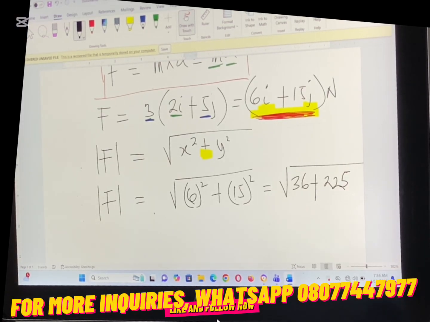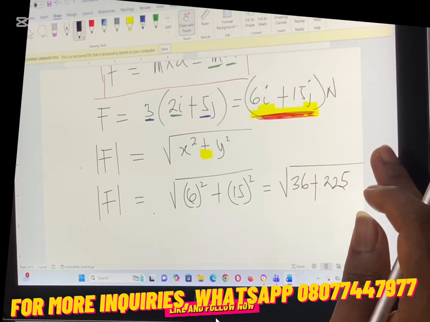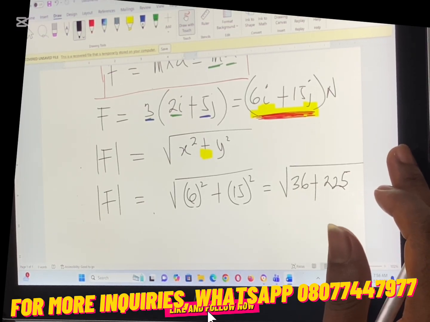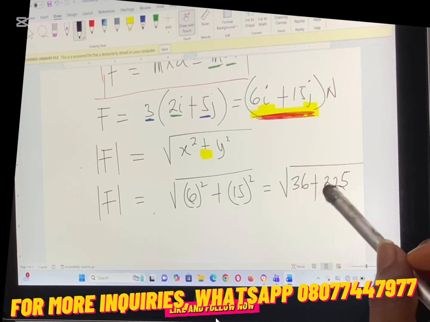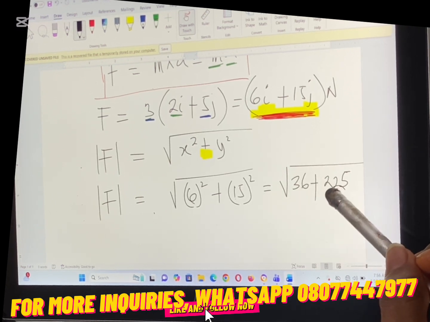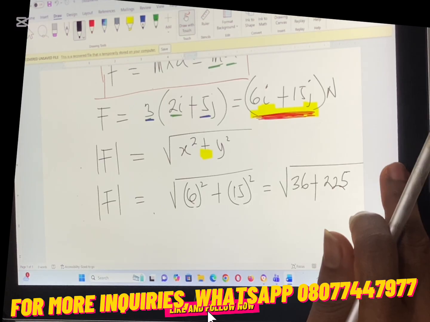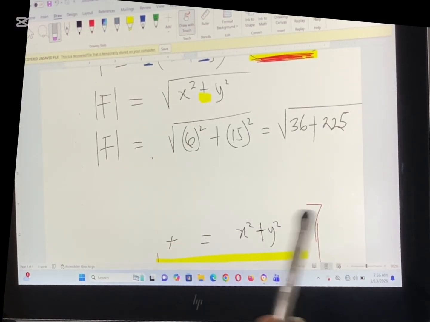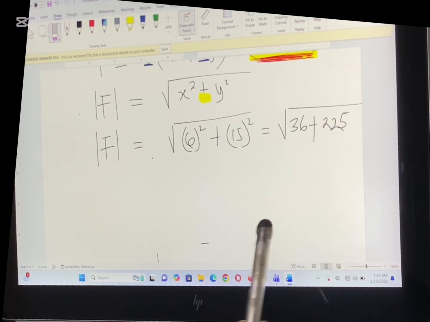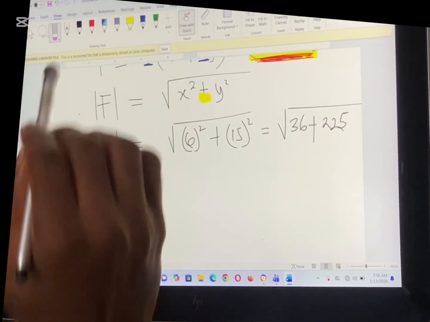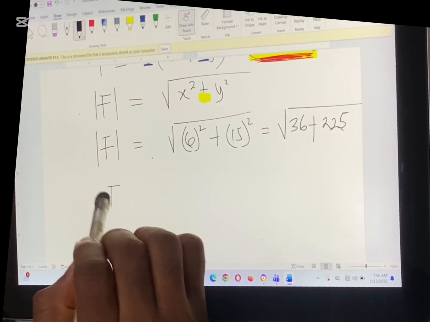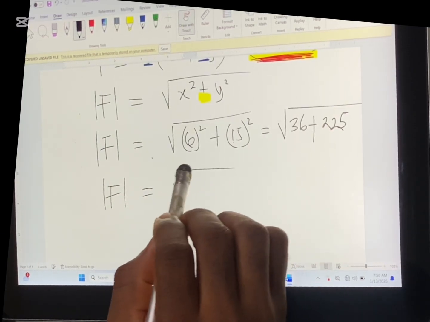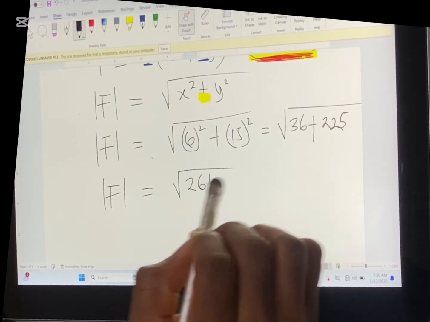So punch your calculator. 36 plus 225. What is the answer? The answer will be 261. Please confirm from your calculator, please. 36 plus 225, that is the magnitude of the force, will be equal to plus square root of 261.